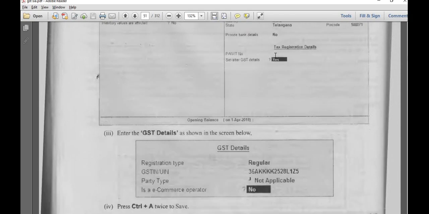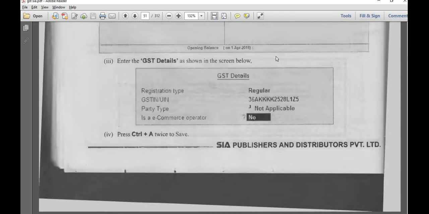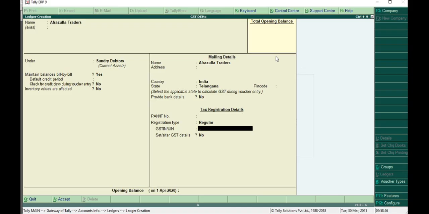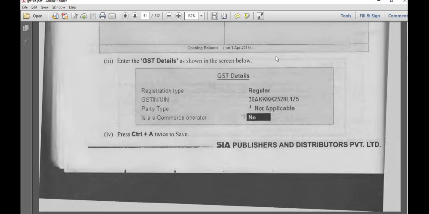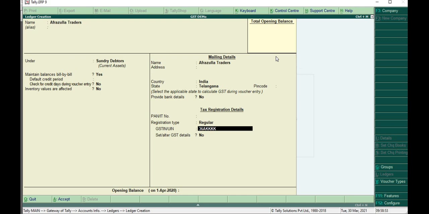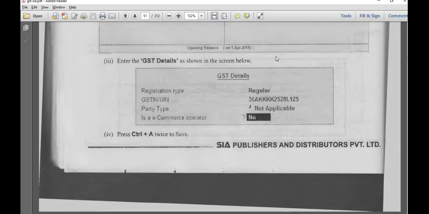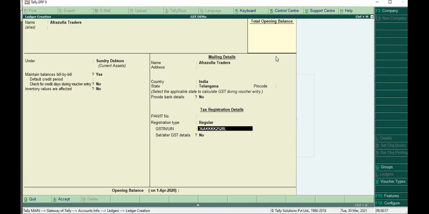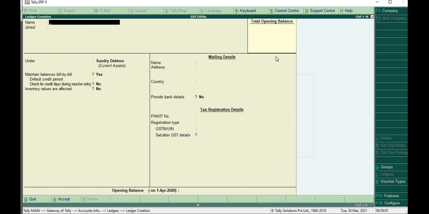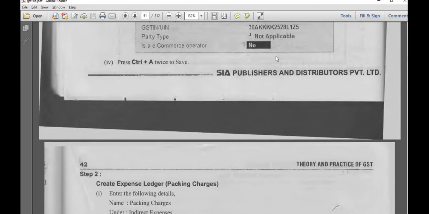What is the GST number of his? 36AKK2528L1Z5. Okay, so I created the ledger.